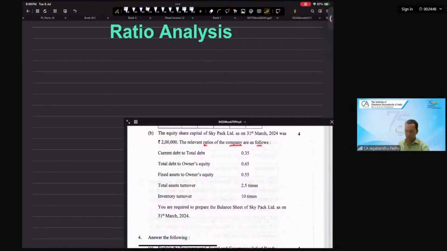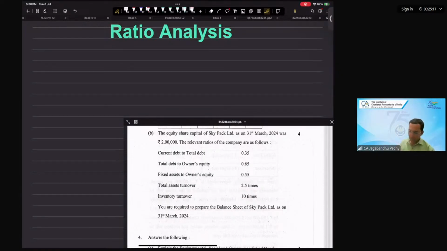The relevant ratios of the company are given. You can see all the ratios are given. We've got ratios like current debt to total debt to owner's equity, fixed assets to owner's equity, total asset turnover, inventory turnover. We are required to prepare the balance sheet of Skypack Limited as on 31st March 2024.